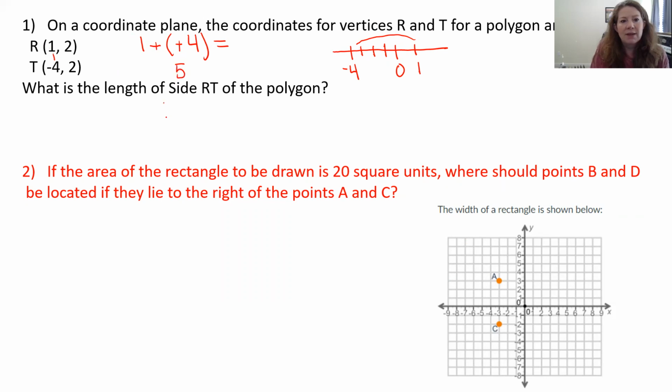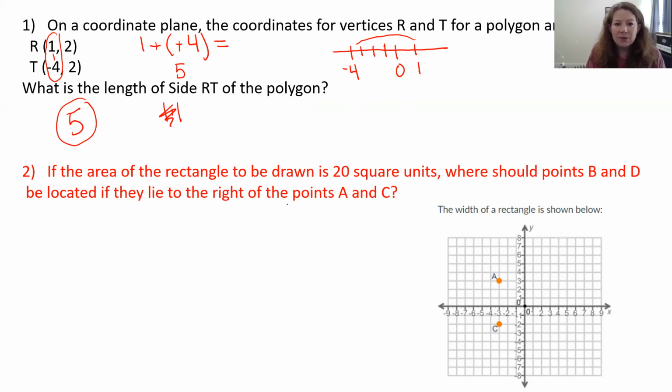Anyway, so the length of side RT is 5 units because there's 5 spaces between these 2 digits on a number line. Okay, I hope that makes sense.